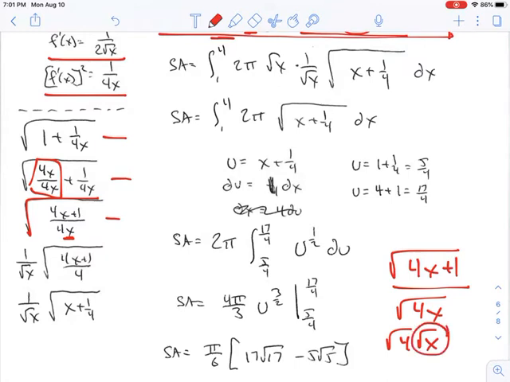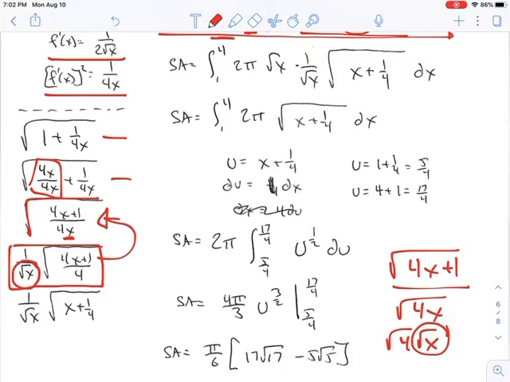Taking the square root of x and removing it out here. And so if you think about it, if you multiply 1 over the square root of x times the square root of 4x plus 1, you will get this. So all we're doing is factoring out the square root of x. Who would have thought?